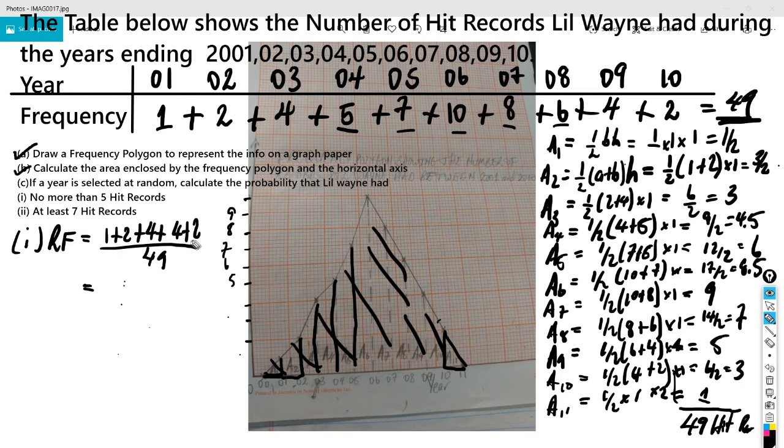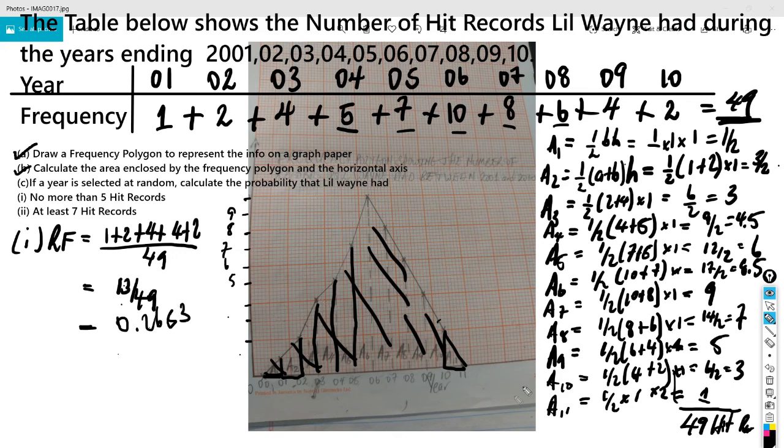So 4 plus 4 plus 2 gives us 10. Plus 2 plus 1 is 13 over 49. And we can work that out. All right. And so the answer is 0.2653. Cool. And that's the answer.